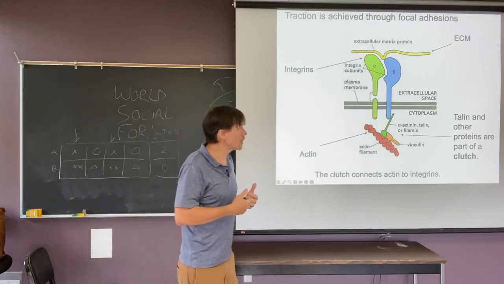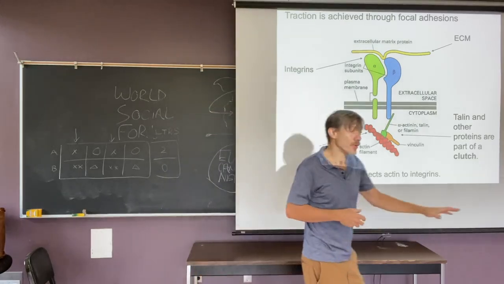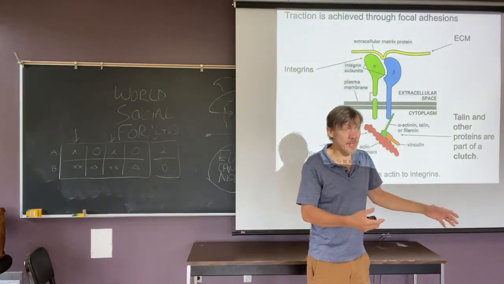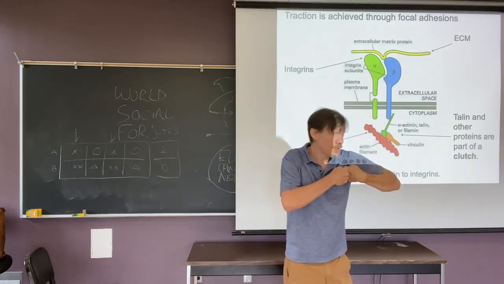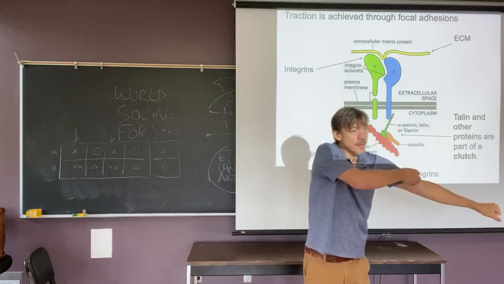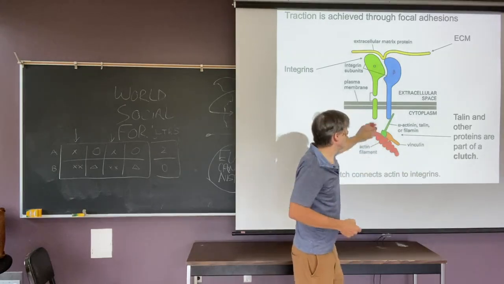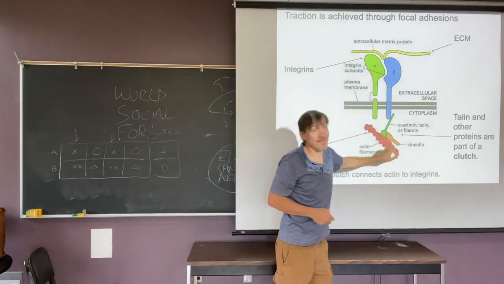So in terms of the way that cells interact with the outside world, there's going to be an extracellular matrix molecule, for example laminin. Integrins can be regulated too, but they're going to reach out and grip that laminin. They pass through the plasma membrane, and the tails of integrins are going to interact with talin and vinculin.